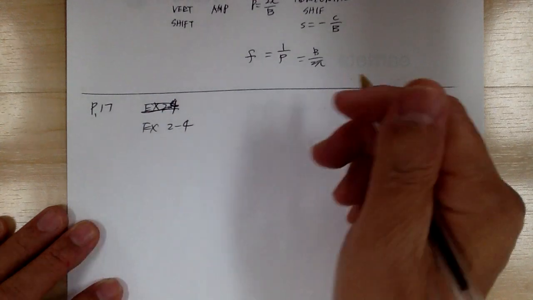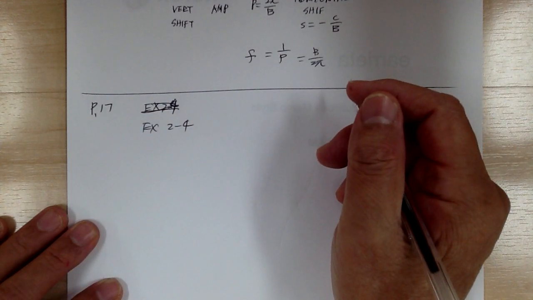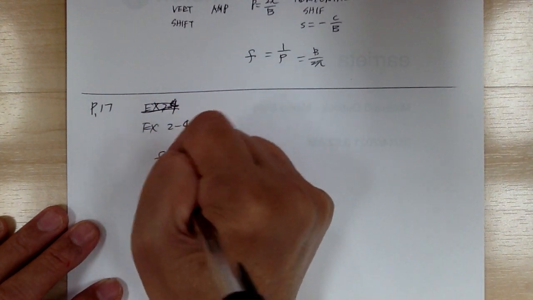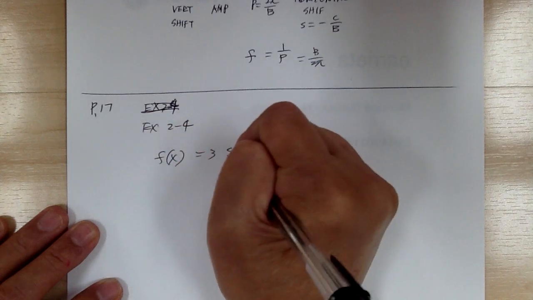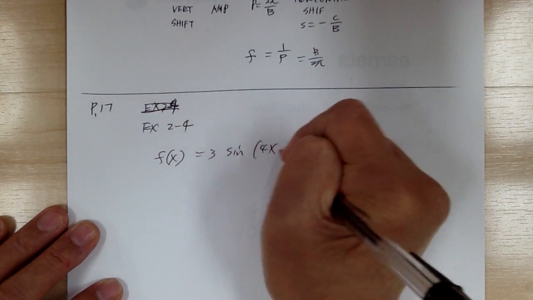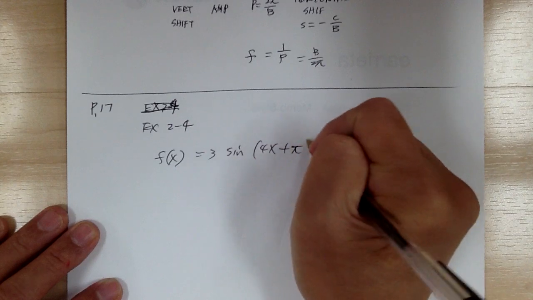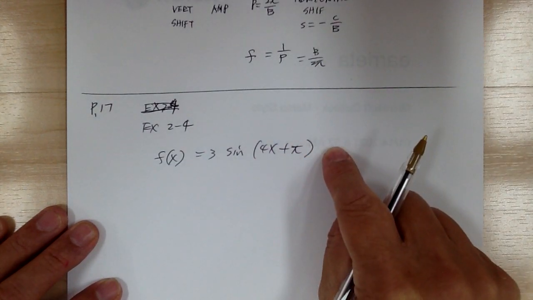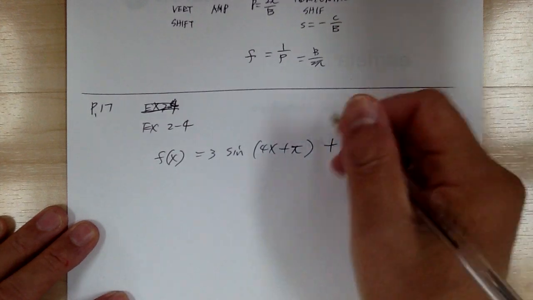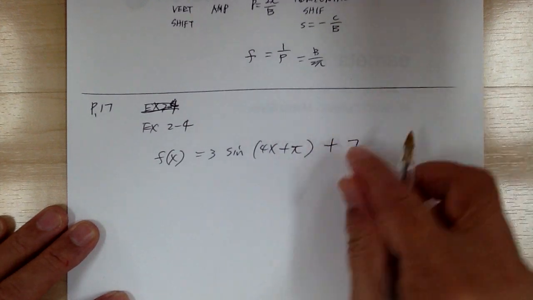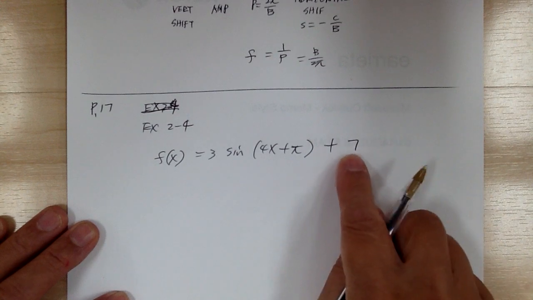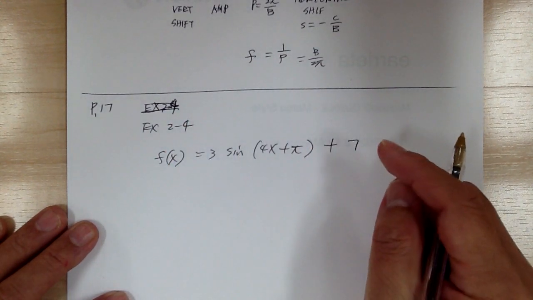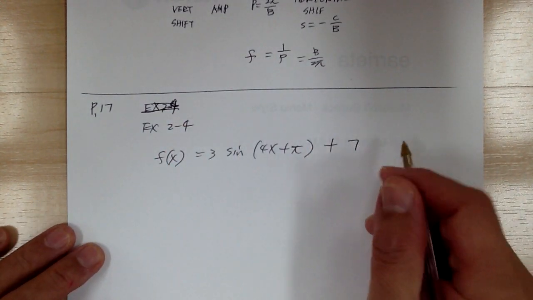It says determine the period, amplitude, phase shift, and frequency of f of x equals 3 sine of 4x plus pi plus 7. Usually, to avoid confusion, you don't want to put plus 7 in the back. This is your k. Normally you want to put it in the front. So let's answer each one.